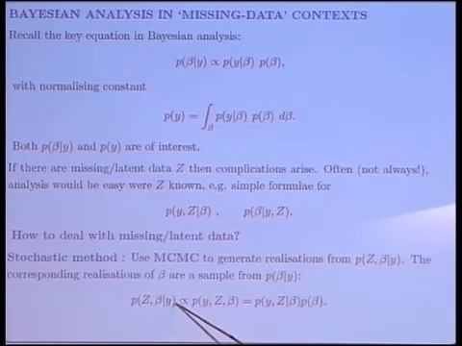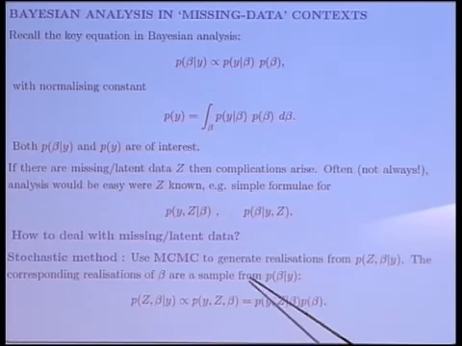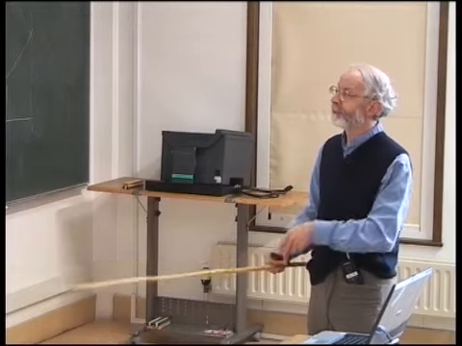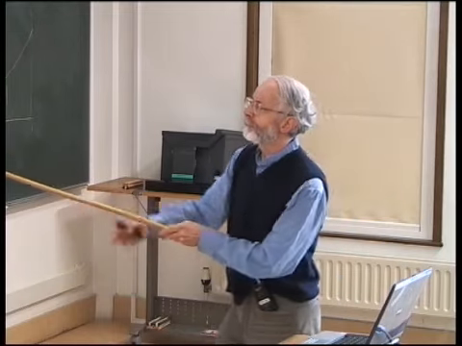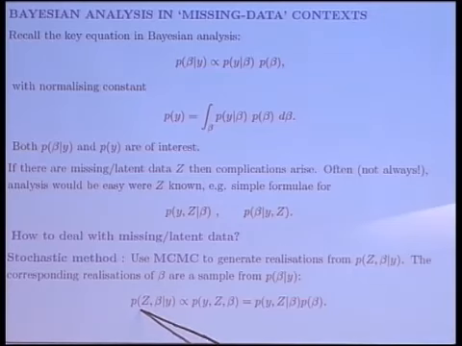And just by simple manipulation, this is given by the likelihood, well, it's proportional to this times this. So in theory, we would be able to write it down. Now, if we knew what this was, then we could integrate out or sum over the z's, and that would give us our marginal probability function for the parameters given y.